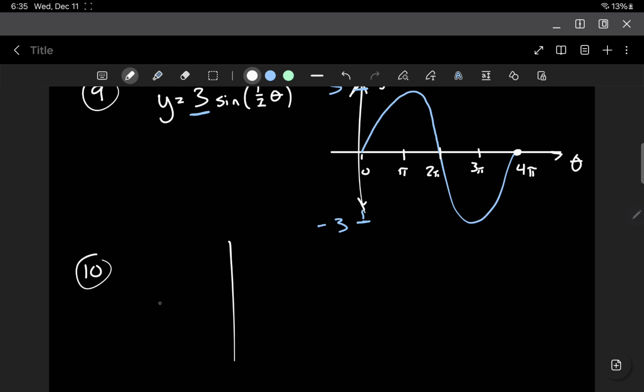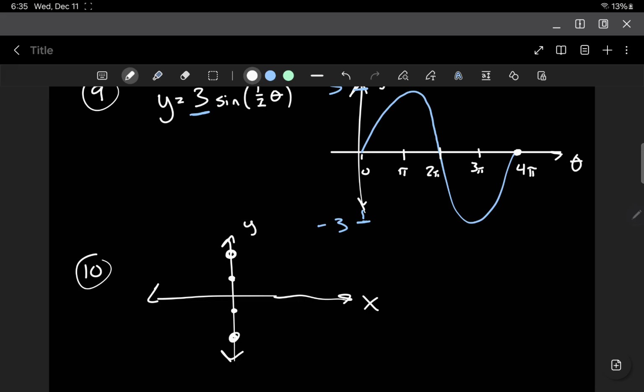Last one is 10. Again, theta starts here and moves counterclockwise. All right, so on my xy plane, pi over 2 is up here, and 3 pi over 2 is down here.